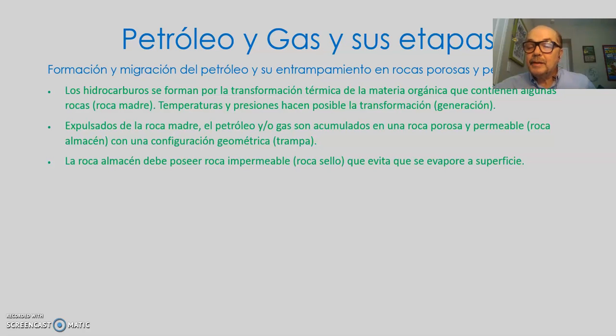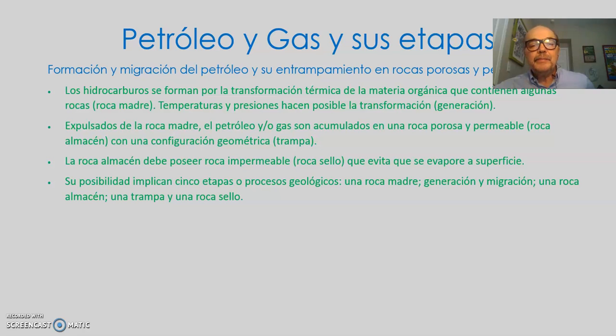But to stay there, there also had to be a sealing rock. So the stock rock and the sealing rock make it possible for the hydrocarbon to accumulate, and that's how a trap is created.